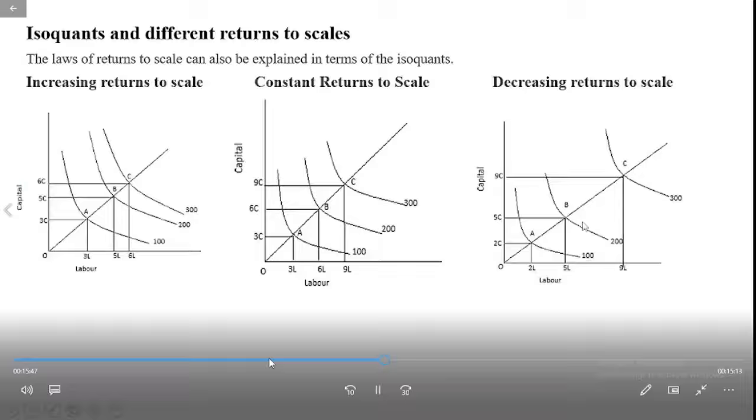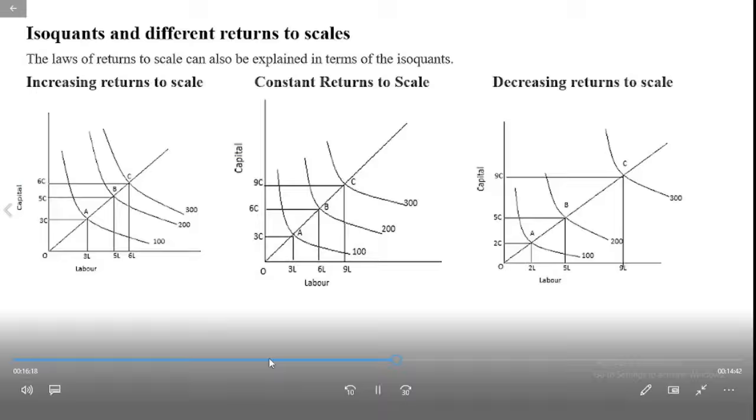See, for the next 100 units, we need an additional 3 units of capital and 3 units of labor. Then the total output increases from 200 to 300 units. That is, an additional 100 units of output we are able to produce with the help of an additional 4 units of capital and 4 units of labor. That means the requirement of inputs increases. So this is decreasing returns to scale.